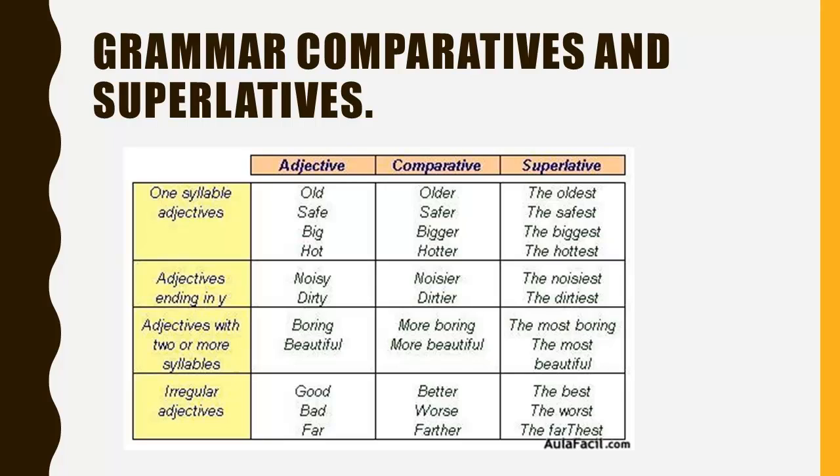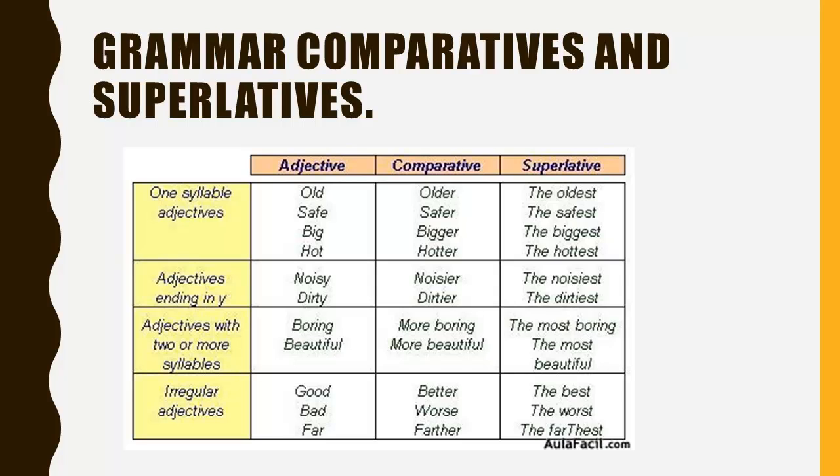In the case of an adjective with two or more syllables, for example boring, in the comparative you say more boring, and in the superlative the most boring. In the case of beautiful, you can say more beautiful, or in the superlative the most beautiful. And with irregular adjectives, you have to be careful.